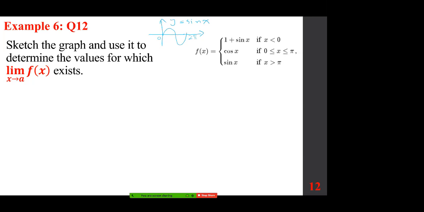And for cosine, it goes something like that. So if it's sine, it's that. If it's cosine, it's that. If it's 1 plus sine, basically it's the sine moved up by 1.